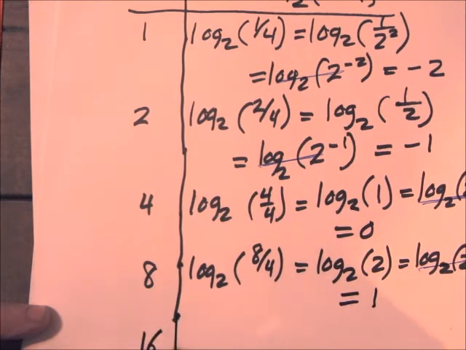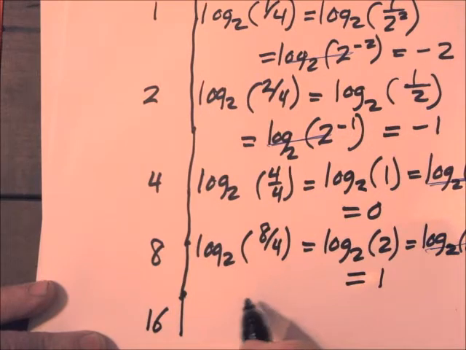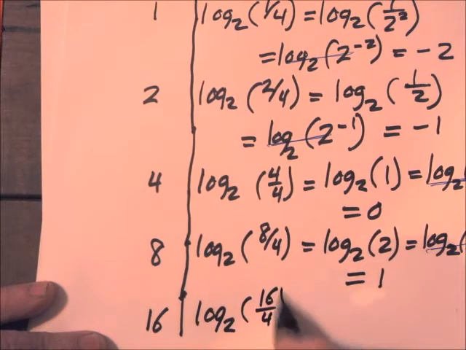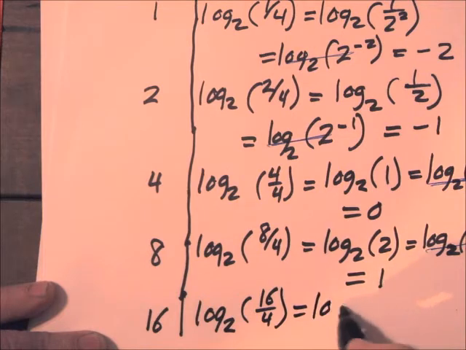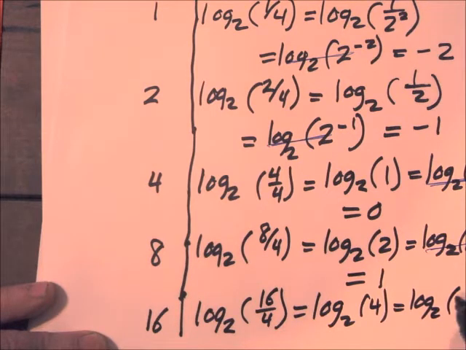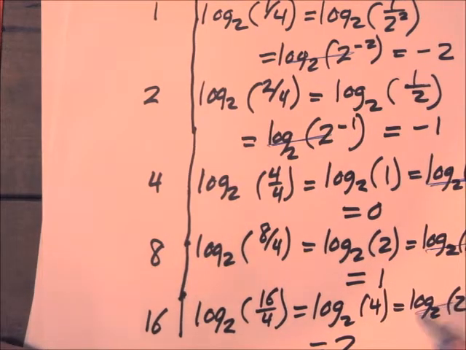And 16 bacteria, the time is log base 2 of 16 over 4. 16/4 reduces to 4. We can write this in exponent form, log base 2 of 2 to the second power. Log base 2 and exponent base 2 cancel, and that just gives us 2.